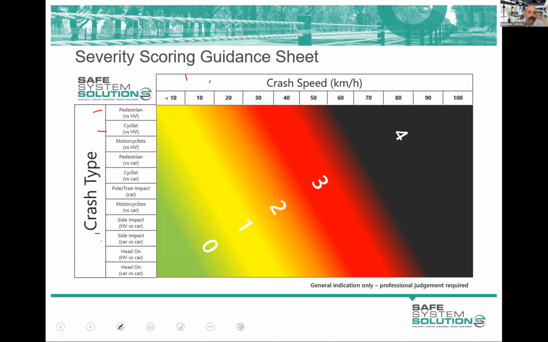Then you are able to say, okay, we've got a pole, a tree, car impact, and it's happening potentially at 100 or 90 kilometers per hour. I'm going to be talking about a 4 for that, aren't I? There's a bit of grading, and it even says at the bottom here, general indication only, professional judgment required. You're making the judgment calls, but it's helping you a little bit along the way.